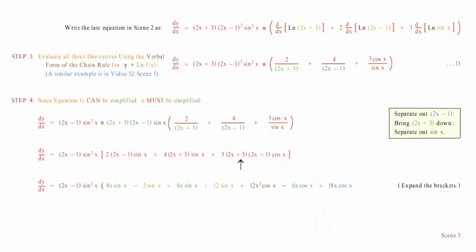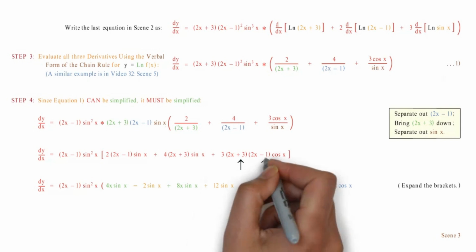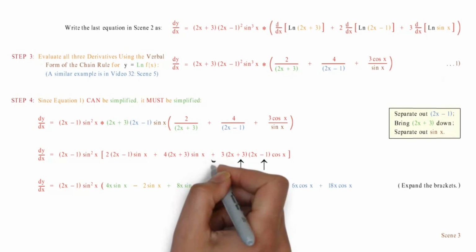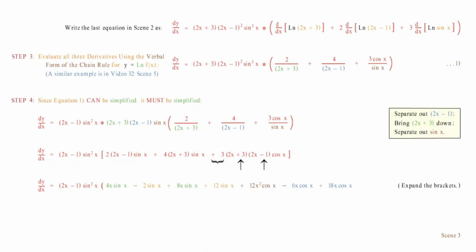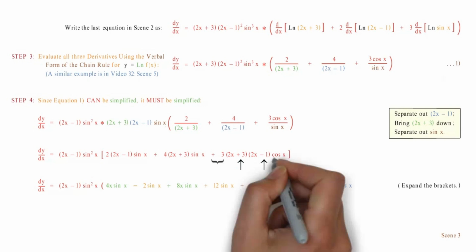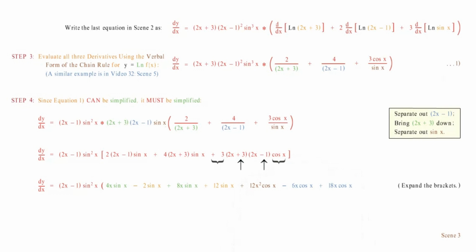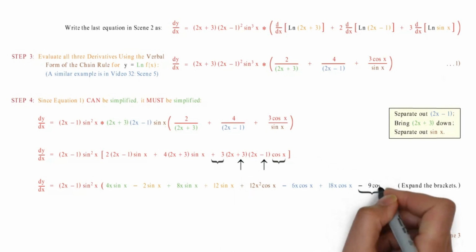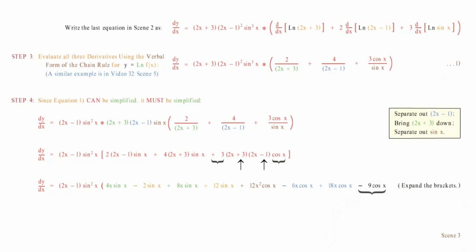Plus 3 times minus 1 is minus 3, times plus 3 is minus 9, times cos of x is minus 9 cos of x.